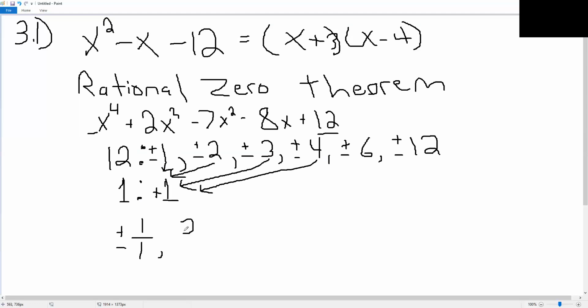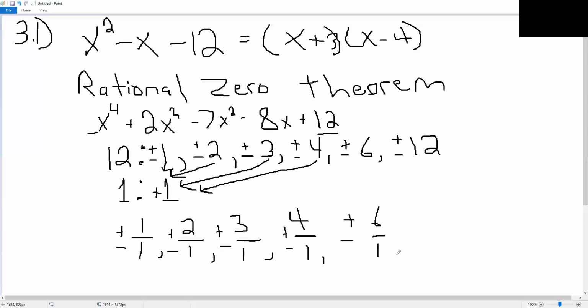We would have 2 over 1 plus or minus. And I'm taking this 3 and putting it over 1, and so on. So what we come up with is ratios or numbers that will help us describe the zeros in this polynomial.